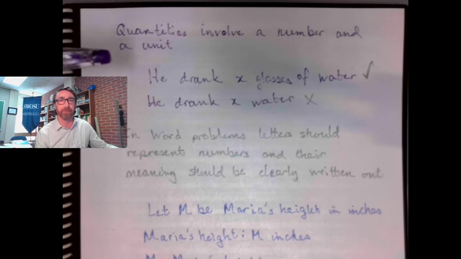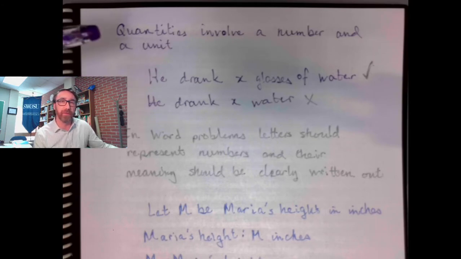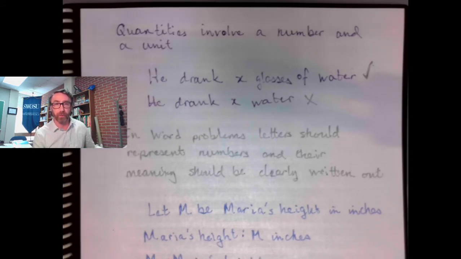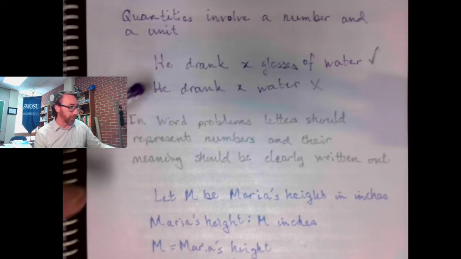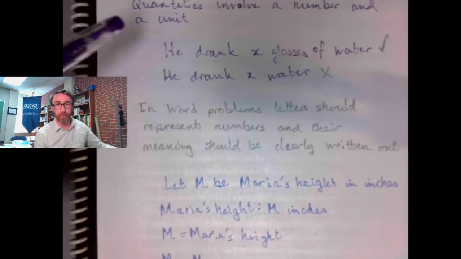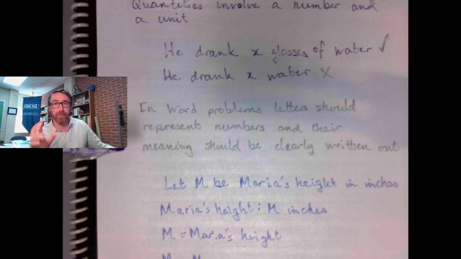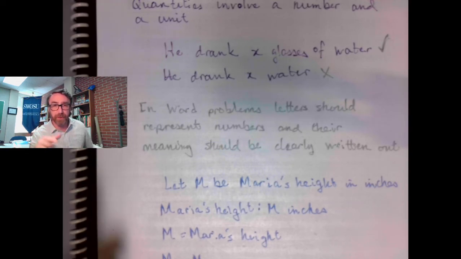Typically when we're dealing with word problems especially, we're talking about things that our author refers to as quantities. A quantity involves both a number and a unit. So you've got to be a little careful. In word problems, your letter should represent a number, and the meaning should be clearly written out.